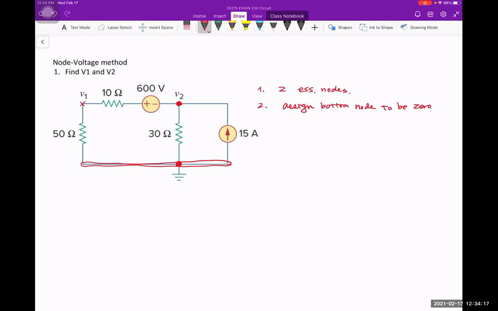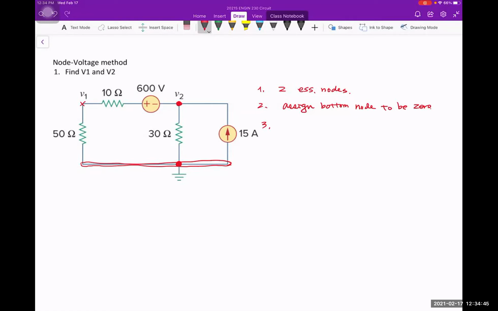Step 3 is that you are going to denote each one of the non-essential nodes with a voltage, and you're going to use KCL on that node. Now, over here, they put V1 and V2, but if you think about the essential nodes, only V2 is an essential node. V1 is not. V1 is just a regular node, okay?